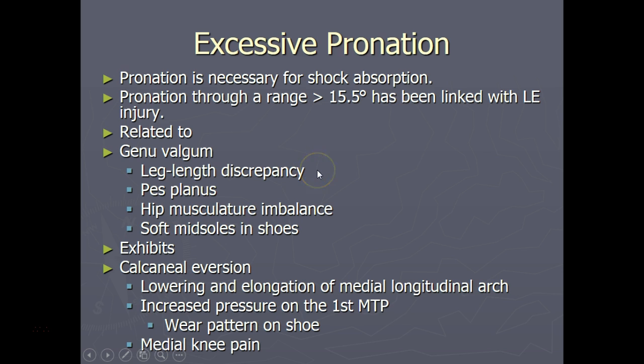Generally speaking, the limb that is hyperpronated will be the longer limb. It could be associated with some type of hip muscular imbalance. Most often it's usually the glute medius that's weak, or it could be associated with the type of shoes that the patient is wearing.